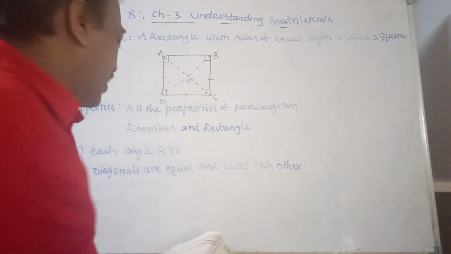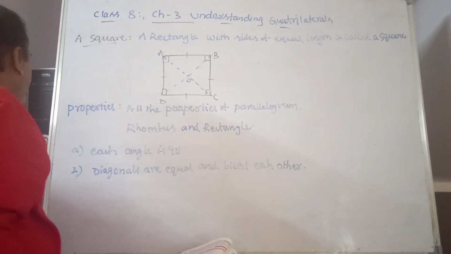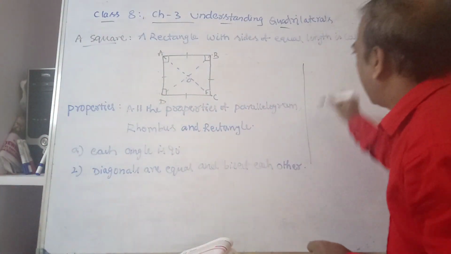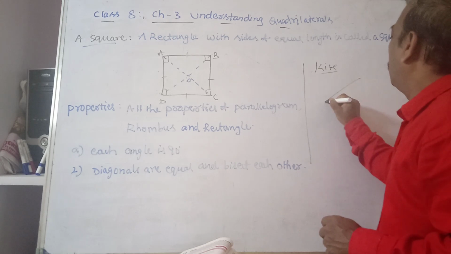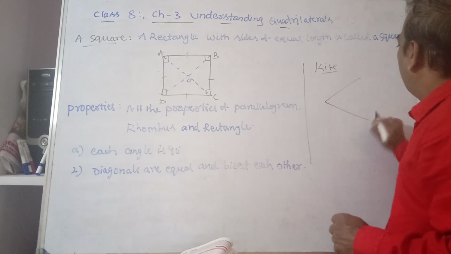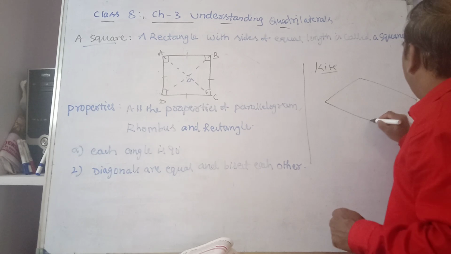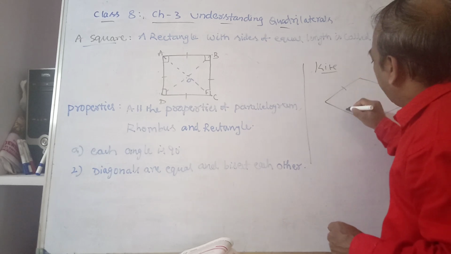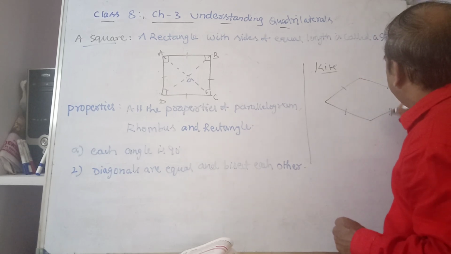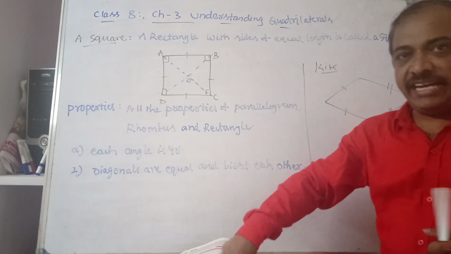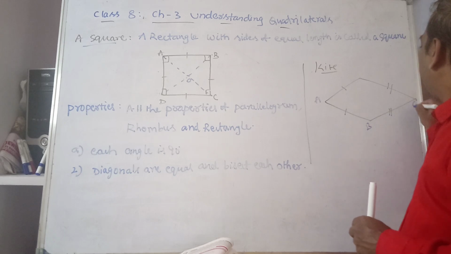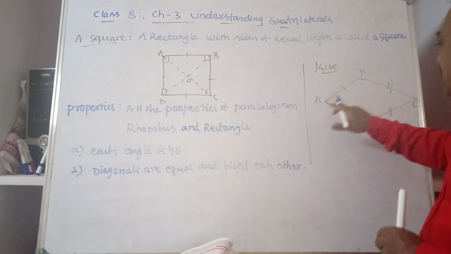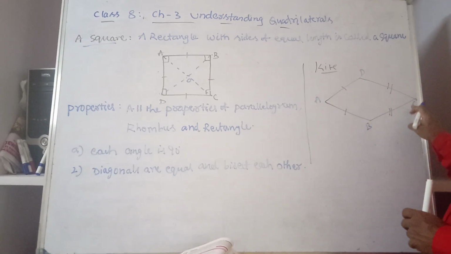So when we talk about the kite, observe it. Here this is the diagram for the kite. For a kite, these sides are equal, these sides are equal. ABCD, AD is equal to AB and BC is equal to CD.